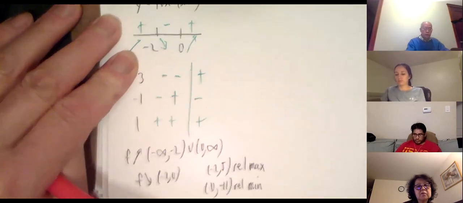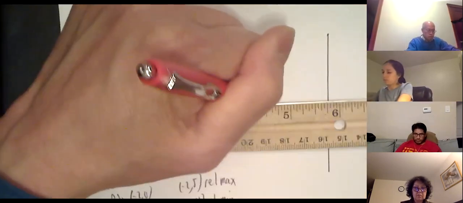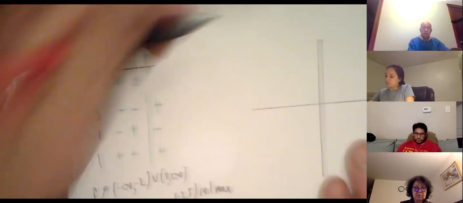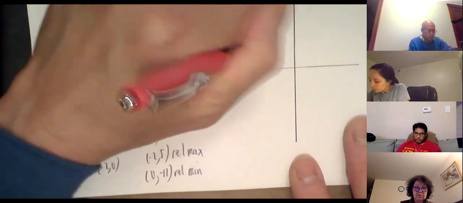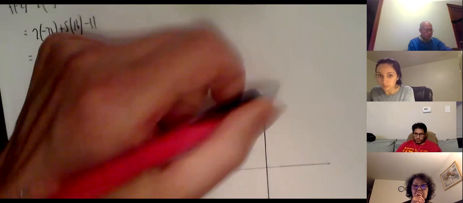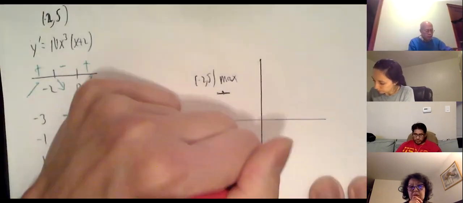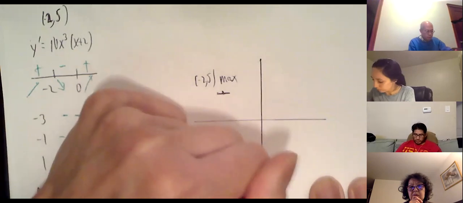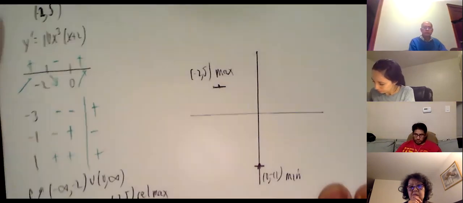So I can do a quick graph for that. Quickie graph, relative positions. Negative 2, 5 is sort of like that, and I know that's a relative maximum. And 0 comma negative 11, I'll just put it over here somewhere, is a relative minimum.